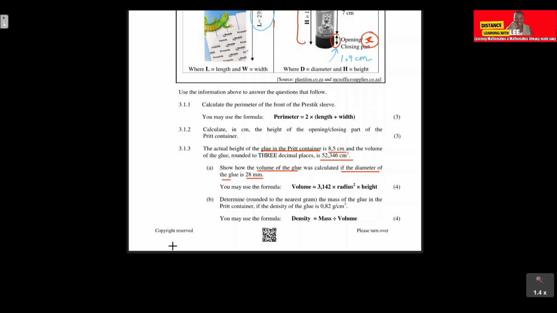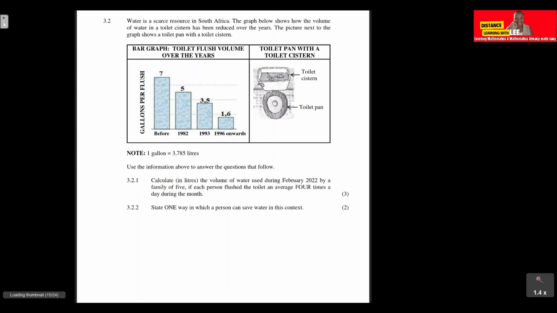So how do we show that the volume of the glue is 52.346 centimeters cubed? We're going to start off with the formula that is given to us. Still very nice and easy. They give you the formula that you are supposed to use to calculate the volume of the glue, so we're going to just write it down and take it from there.